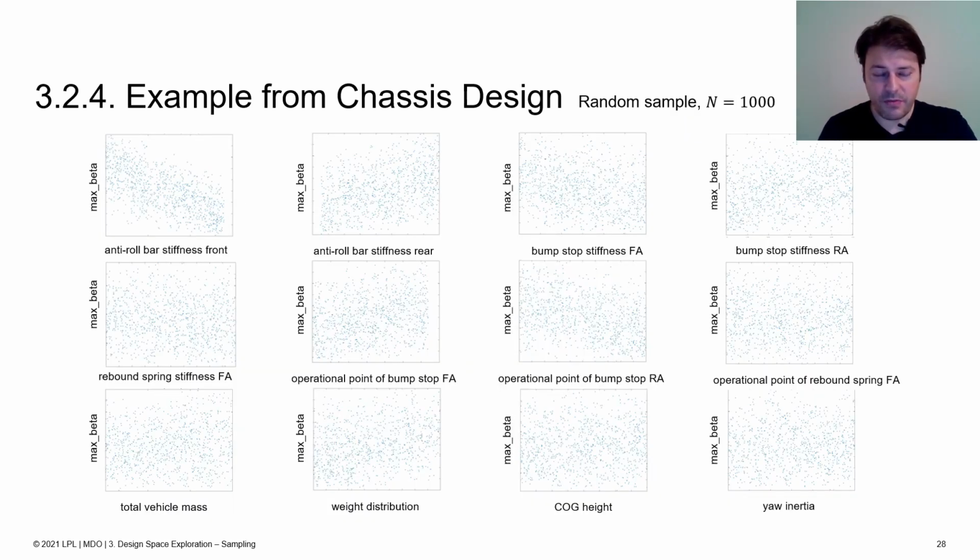This is the result of a random sample with 12 design variables, and this looks pretty representative of what you often get. So there is no clear distinction between the relevant and irrelevant design variables. Actually, most design variables look pretty irrelevant.